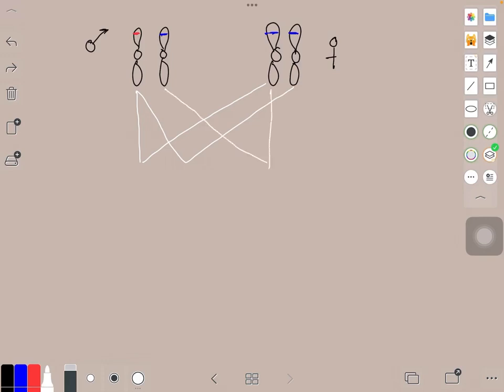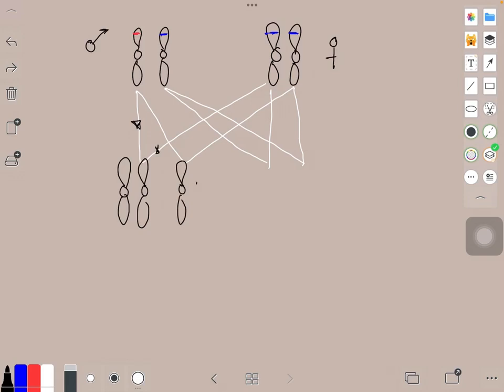So we'll have 4 possibilities. The first came from this part and another from this one.